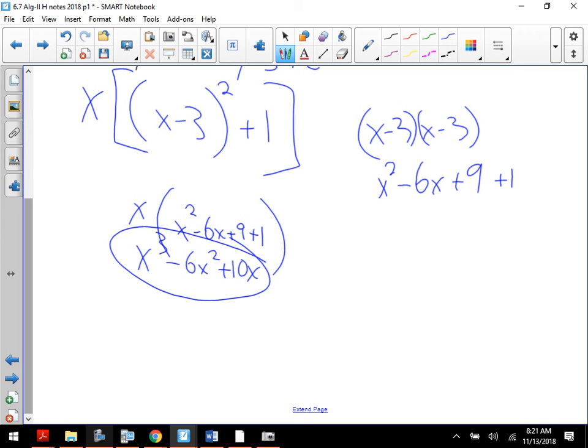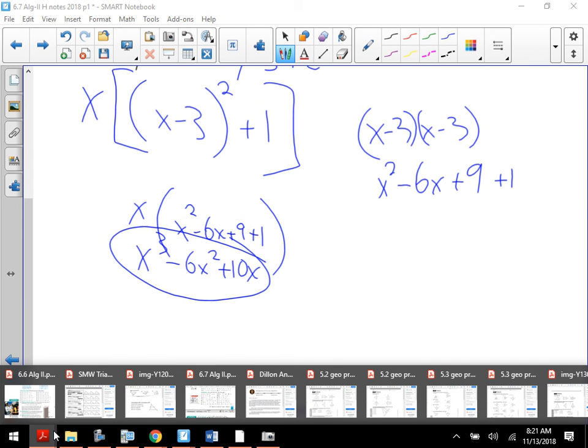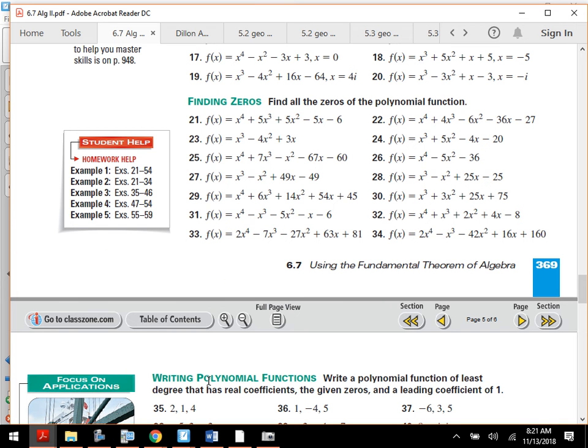Fine time for math. So add these to what you got going on right now. We got 6, 7.